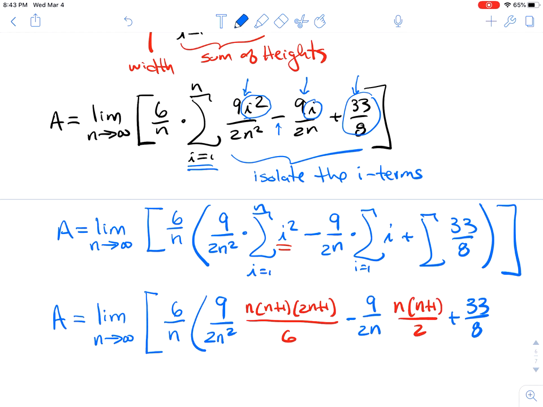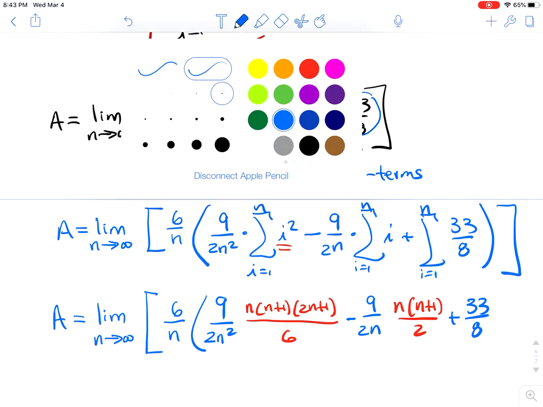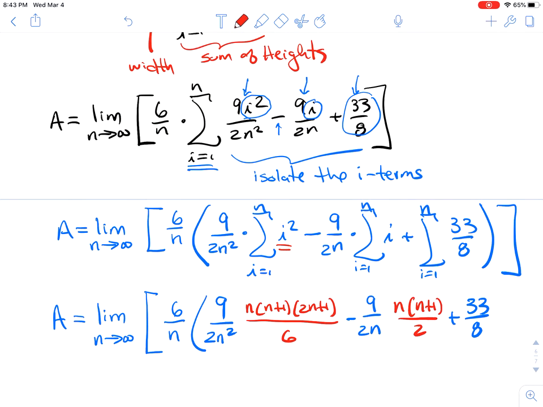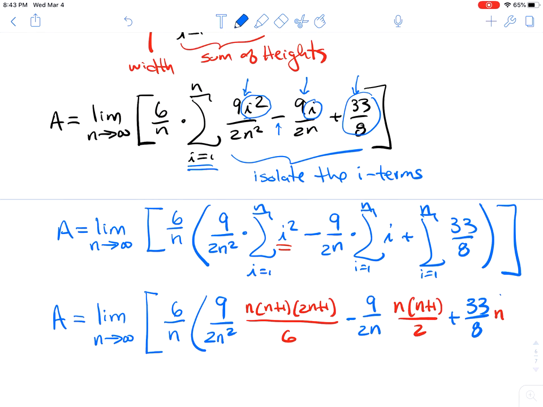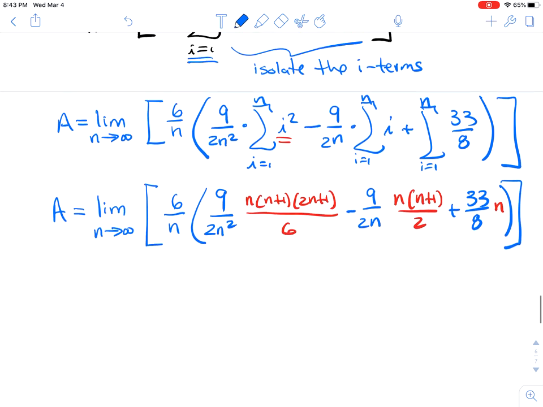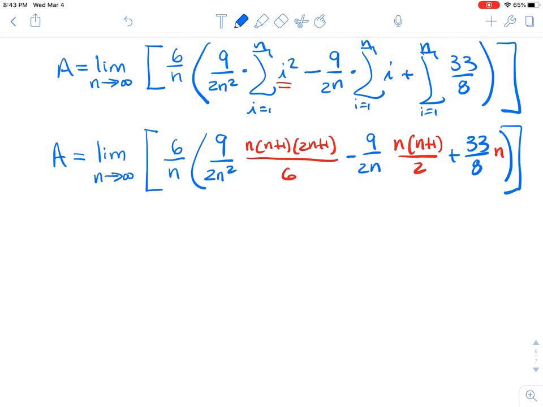And I forgot to write my i from 1 to n on each of these. And the constant just gets multiplied by n. Now we're ready to simplify this.